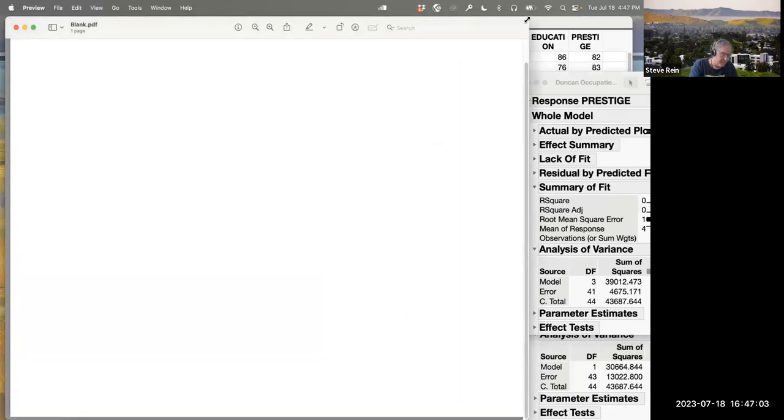Okay. Let's talk about our calculation of the F ratio. And I'm going to start by just writing down things that I know. For the complete model, we've got SS error. For the complete model, it's got 41 degrees of freedom error and 3 model degrees of freedom. So I'm going to say K is 3 and N minus K minus 1 is equal to 41.